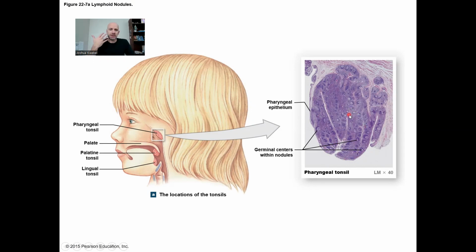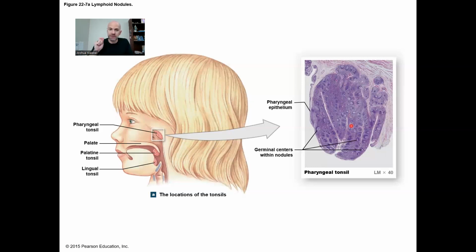If you think about the mouth and the nose, what's commonly going in and out? Well, food and drink and air. So we're continually sampling our environment through what we eat and drink and the air that we breathe. If there's stuff coming into our body that is harmful, pathogens, microbes, viruses, then the tonsils can continuously sample the air, food, and drink, and bring in and test those samples to see if anything entering the body could be potentially harmful.